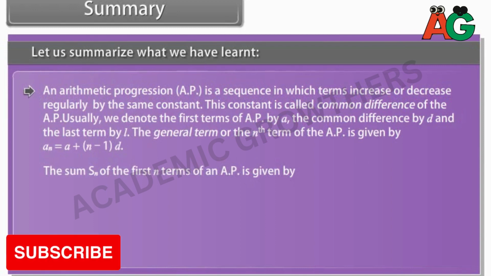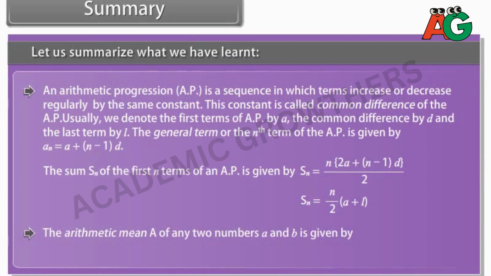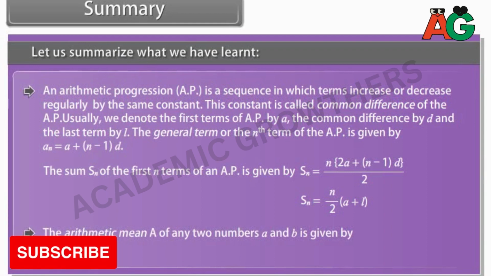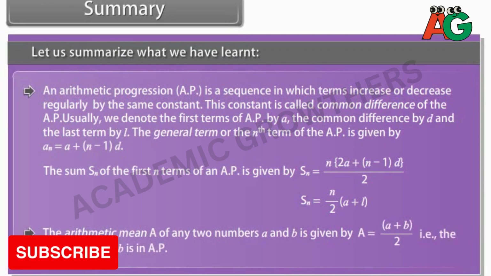The arithmetic mean capital A of any two numbers A and B is given by this formula. That is, the sequence A, capital A, B is an AP.